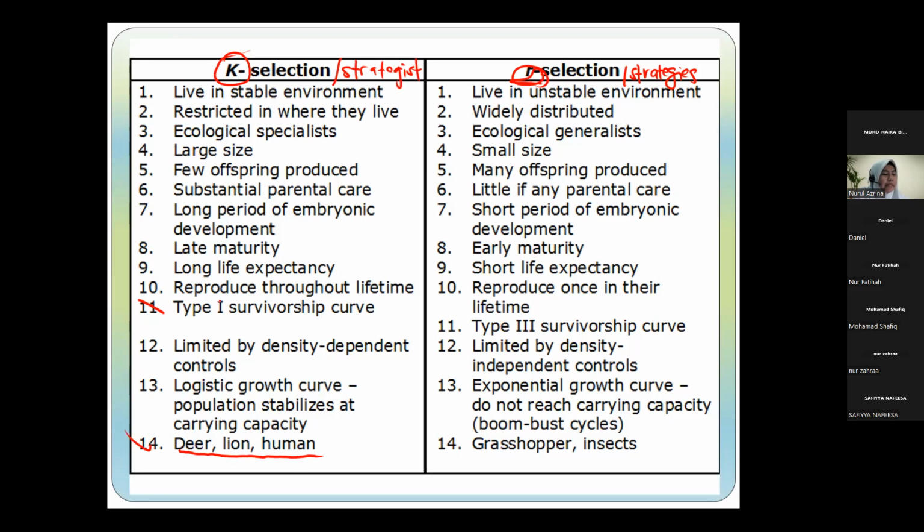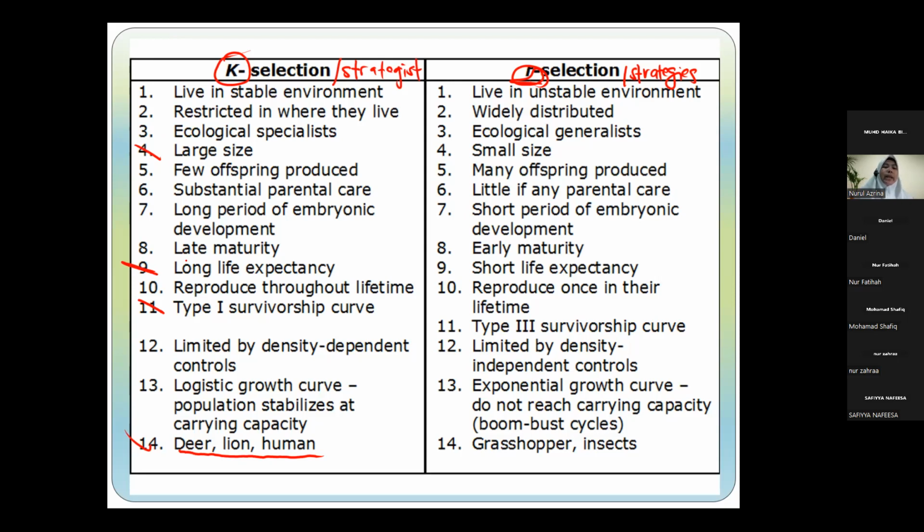So type 1 survivorship curve organisms like deer, lion, human, horses, they are all large size organisms. Large organisms usually have a long life expectancy.